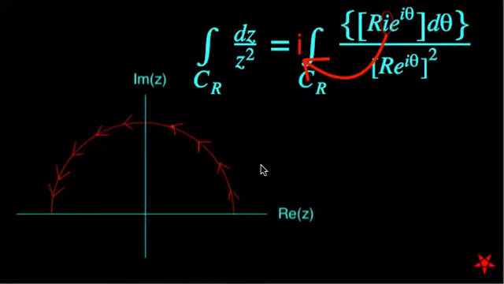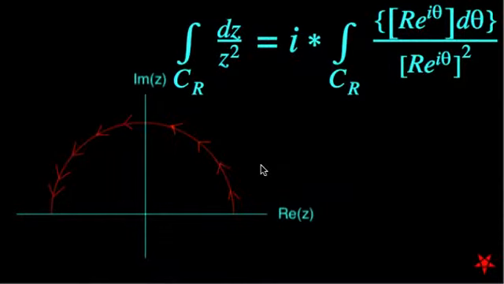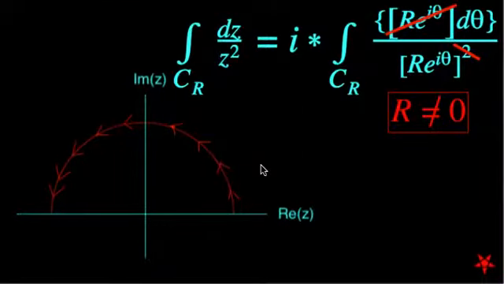A term of i factors out, and we have similar terms on both the top and bottom. And I've got it in my notes here to not step on a landmine. With that said, always be aware of making sure that your terms do not go to zero before you cancel them out.